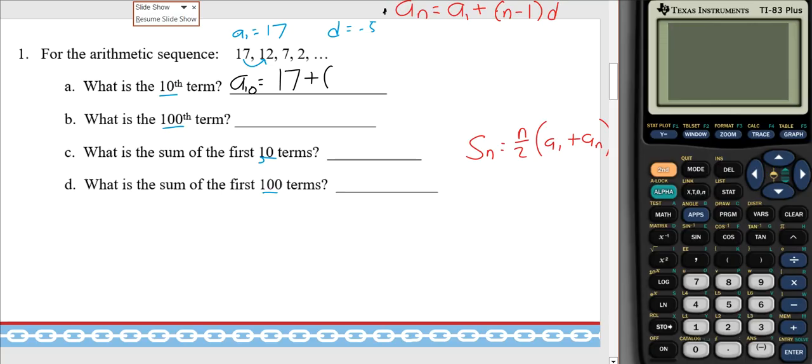Let's just put our 10 minus 1 as a 9 there, and then times our common difference of -5. I put parentheses in there to highlight, especially in this one, this negative common difference. And then that just becomes calculator 17 plus 9 times -5.